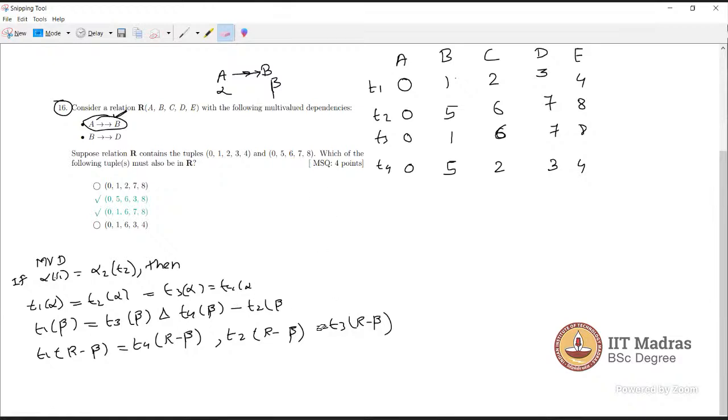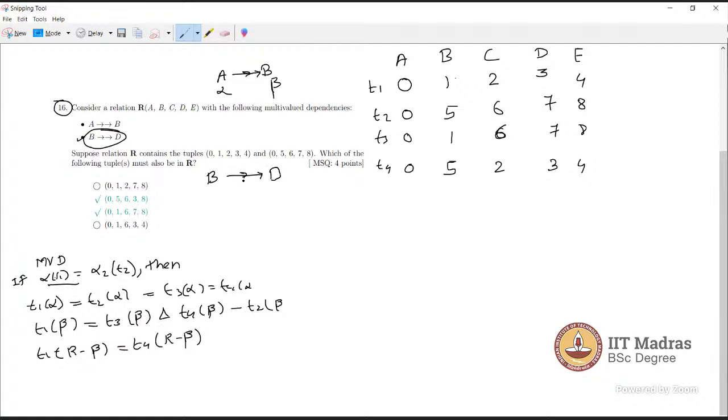Yes, Vishakha, you have a doubt in this part only, right? Yes, sir, I have the doubt in the same, B multi-determines D. Can you tell me how you approached this? The same core condition would apply.